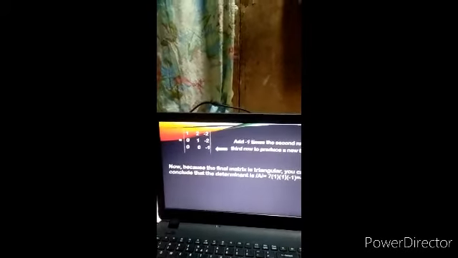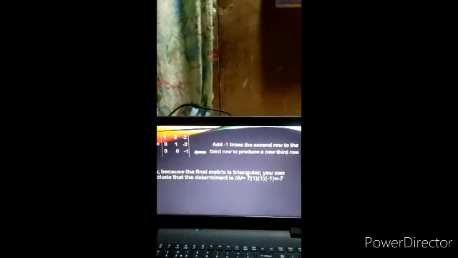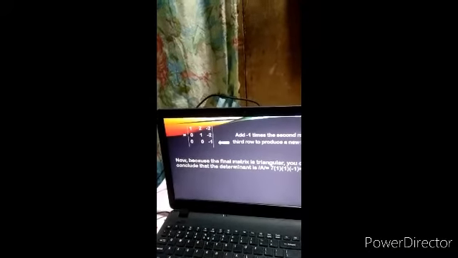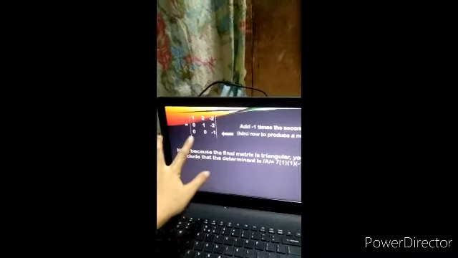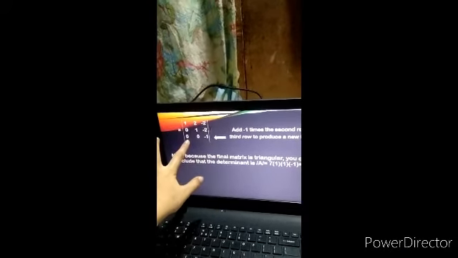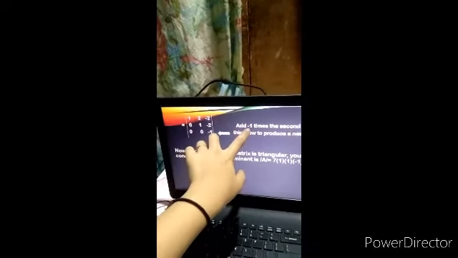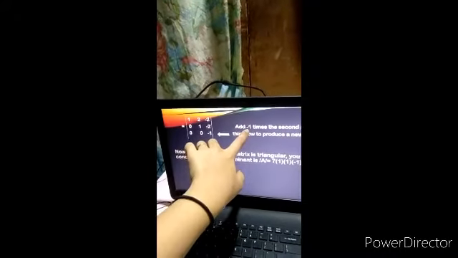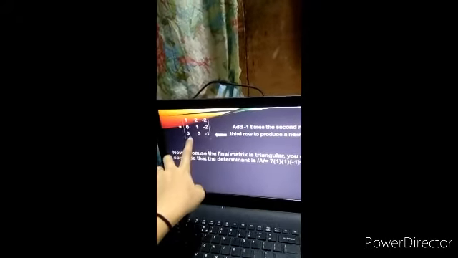Okay, so in the last matrix, we need to add negative 1 times the second row to the third row to produce a new third row. So, 0 times negative 1 equals 0.